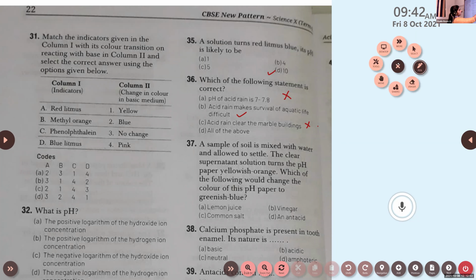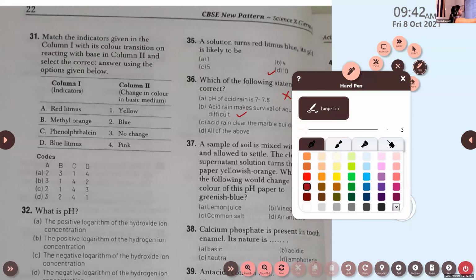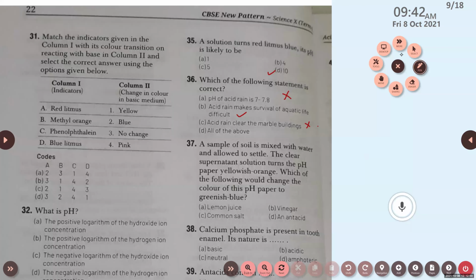Then next question. Question number 37. Prajot, can you read question number 37? A sample of soil is mixed with water and allowed to settle.